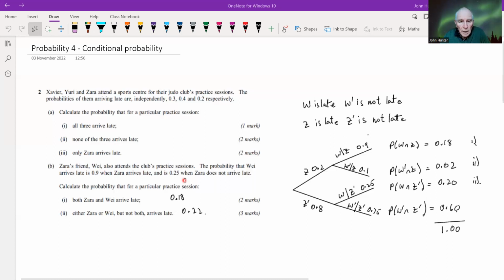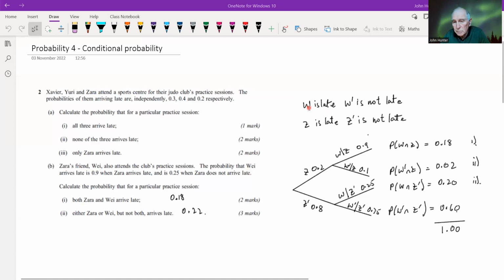Then it asks us to first calculate the probability that for a particular practice session both Zara and Wee arrive late. If we look at our probability tree, going back to what we did in the previous video, we're adopting the set theory notation here.